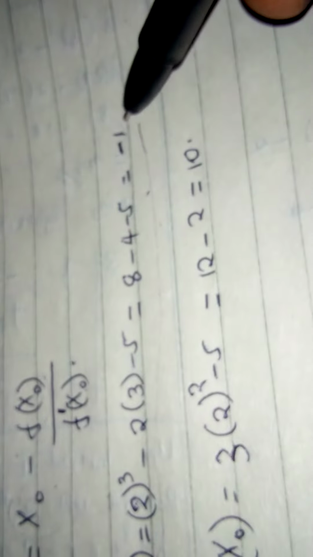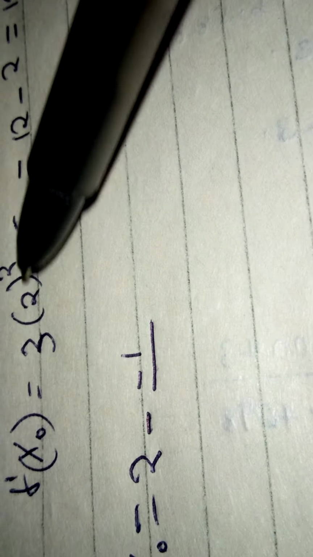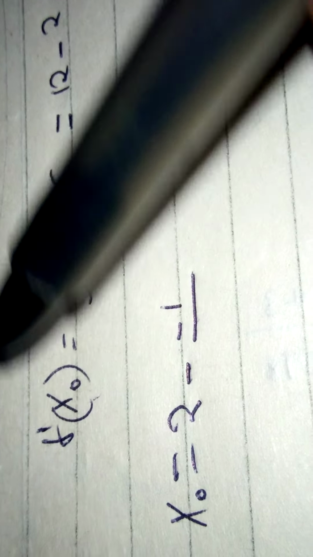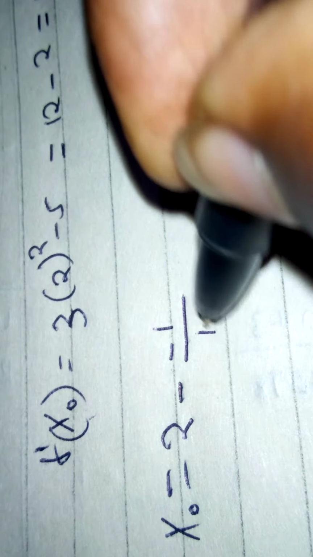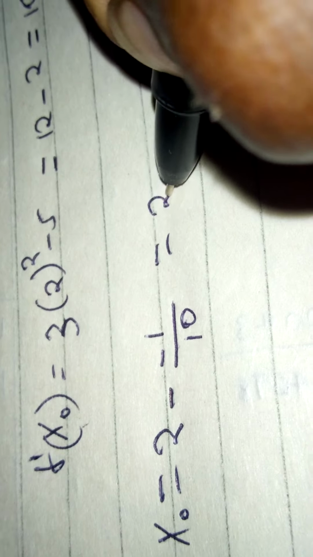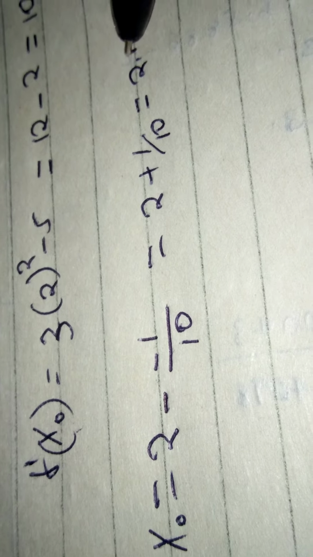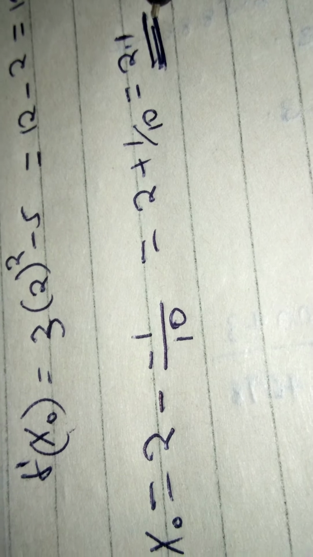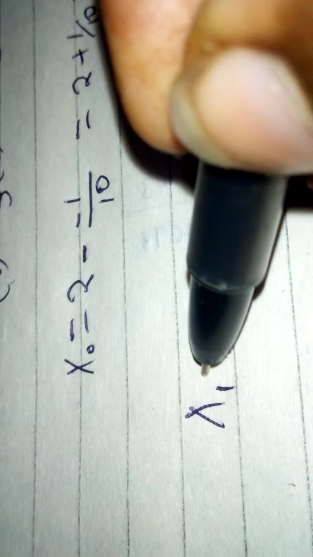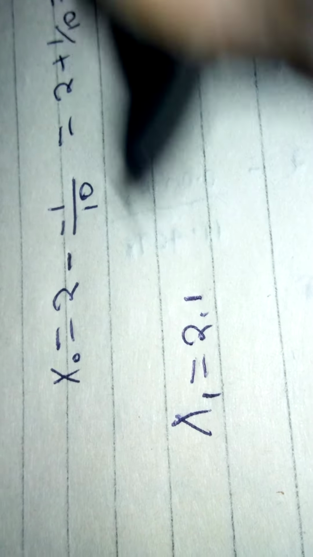So we have 2 minus our f of x naught, which is negative 1, divided by our f prime of x naught, which is 10. So that will be 2 plus 1 over 10, which will give us 2.1. This 2.1 will be our x1.